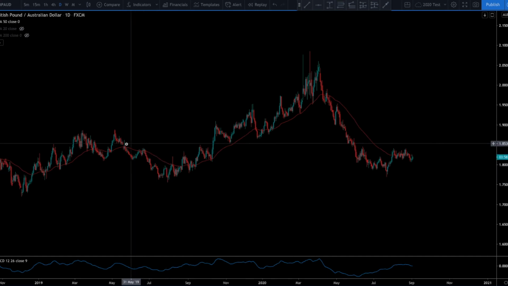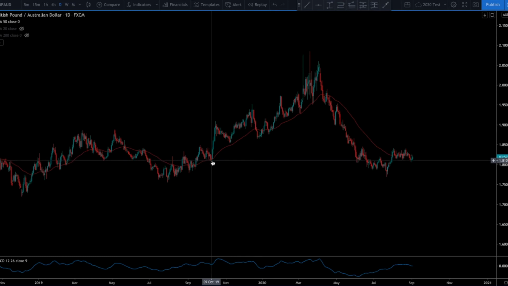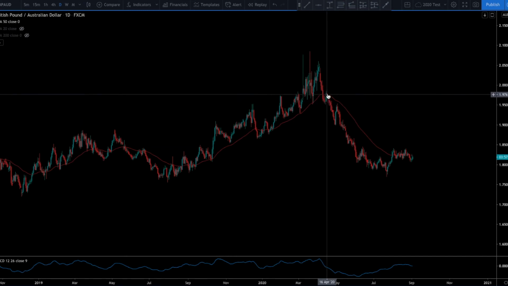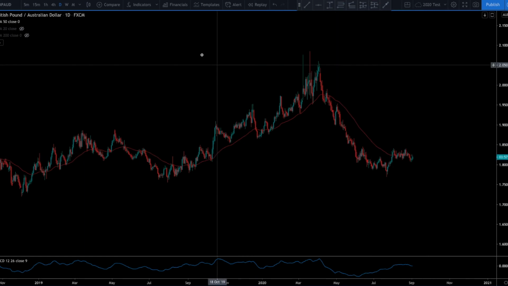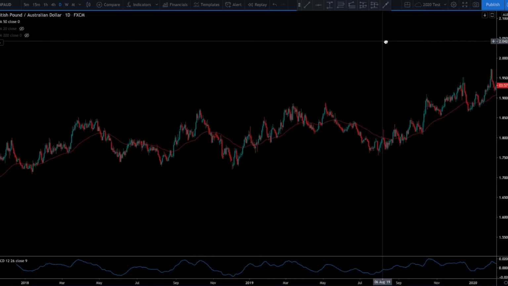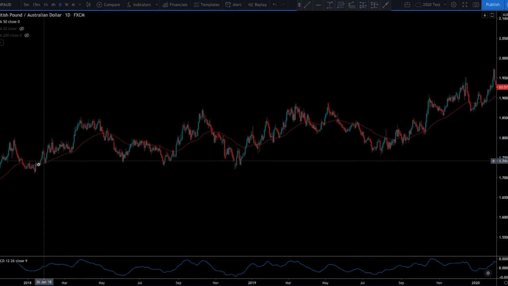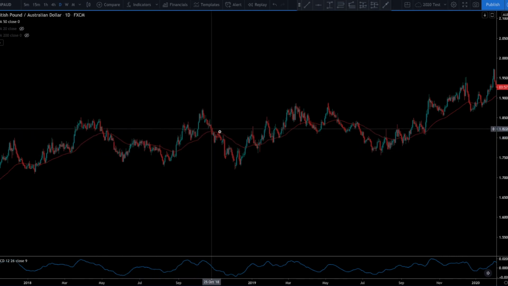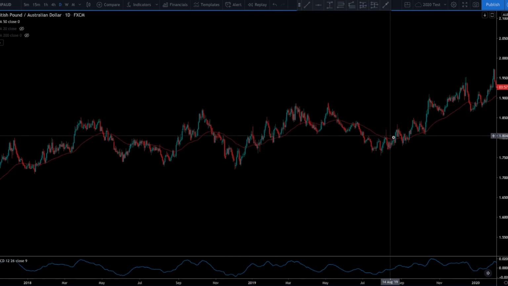You can see it was holding price, it broke it, and now it is respecting it fairly well, trending up, broke it, retested, and now it's holding it on the downtrend. So there's going to be times where the pairs don't really respect it. You can see the pound Aussie respects it pretty well through all these regions. It's just breaking it back and forth, and price is either using it as support or resistance.